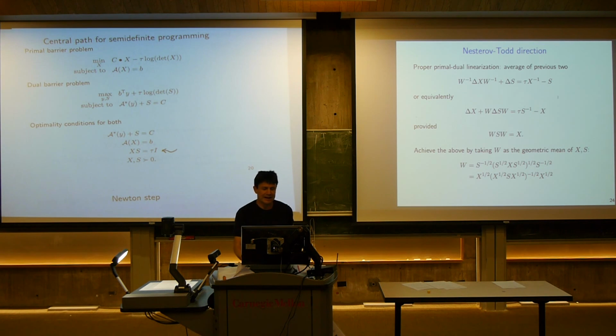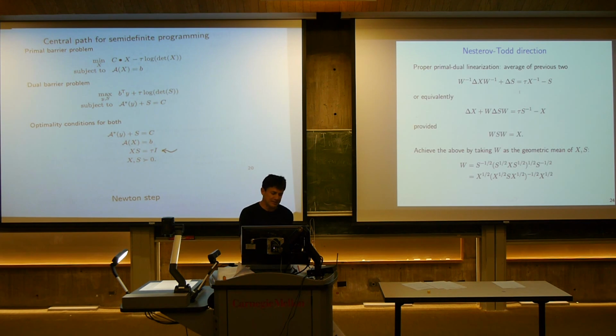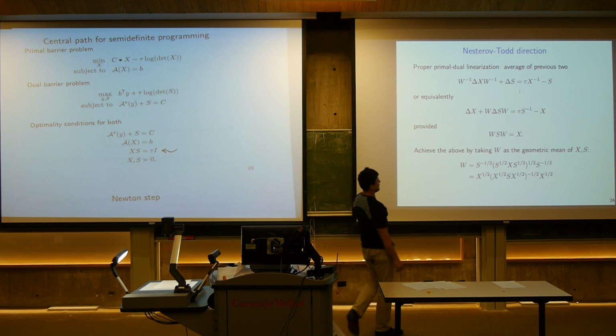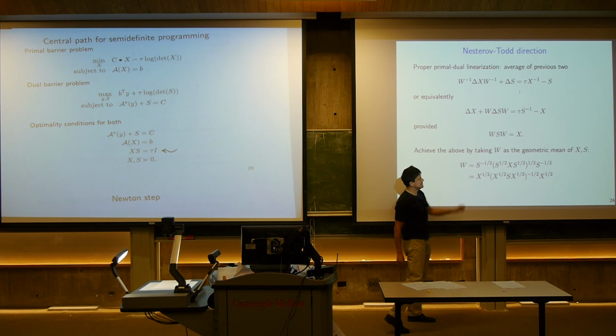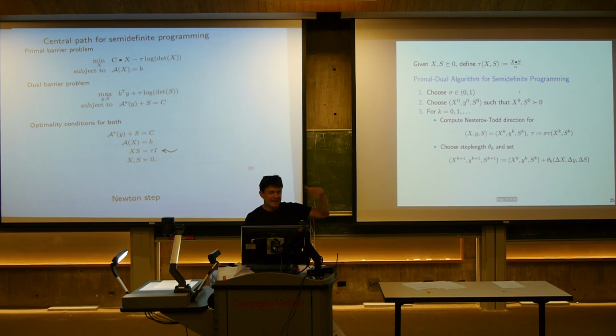The idea is to linearize this system of equations here with some kind of matrix W, where W is some sort of geometric mean of X and S. When you do that, then you have a primal dual algorithm for semi-definite programming.